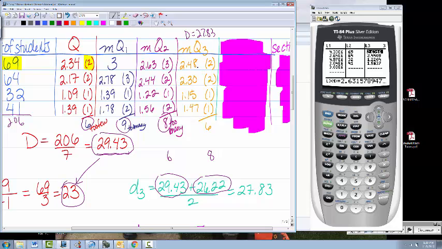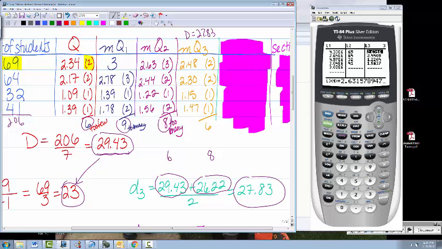Who's close? The first one and the last one. Okay, so what do I need to do now? You could, quite honestly, keep going with this process. Who would I find the average of? 27.83 and this 23.